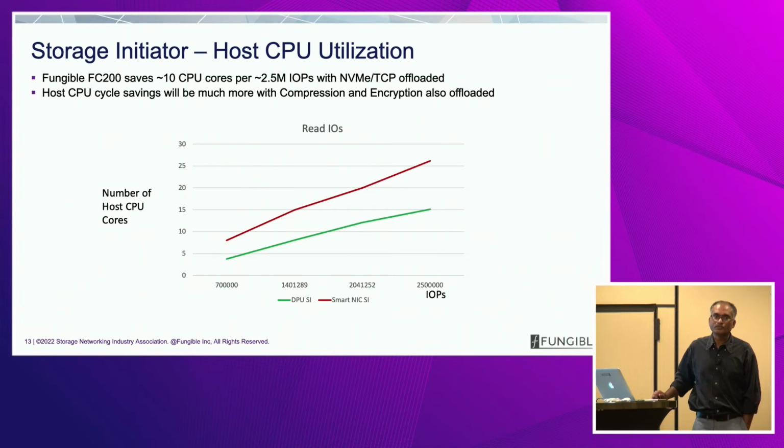If we use the SPDK initiator, then none of the Fungible DPU features will be used today, because it is handling everything in the user space, and I believe it's still using the kernel's TCP stack. Right? So it's handling the NVMe over fabrics in the user space.